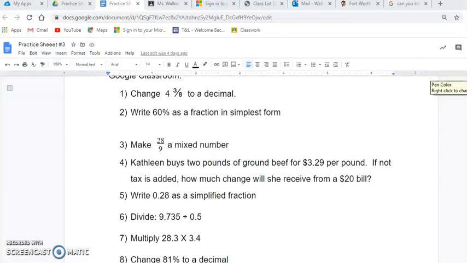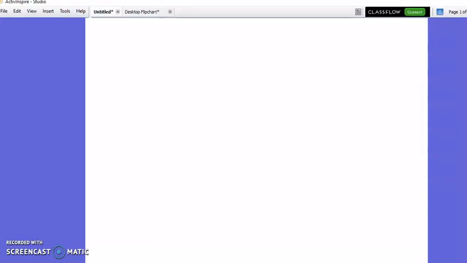Okay, so I'm glad we're doing number 3 now, because number 3 is 28 over 9. And so let's do that. 28 over 9. And it says make it a mixed number. That means divide.